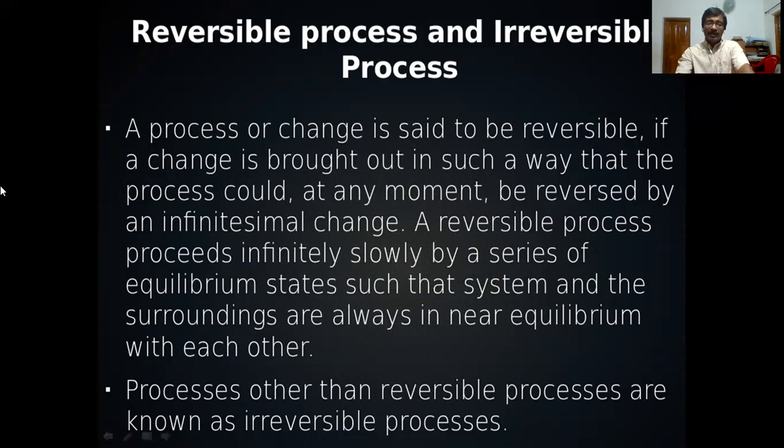You have to remember only this part. A reversible process proceeds infinitely slowly by a series of equilibrium states, such that the system and the surroundings are always in near equilibrium with each other. To understand it, a suitable example is given in your textbook. Consider a gas taken in a cylinder, a cylindrical vessel, closed with a piston.